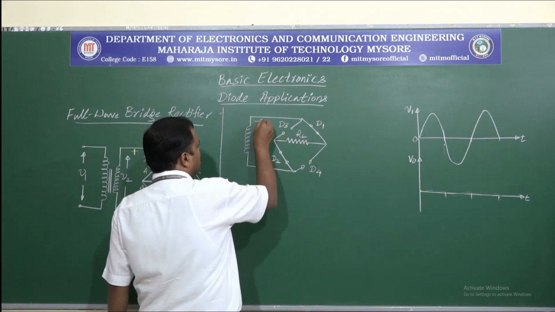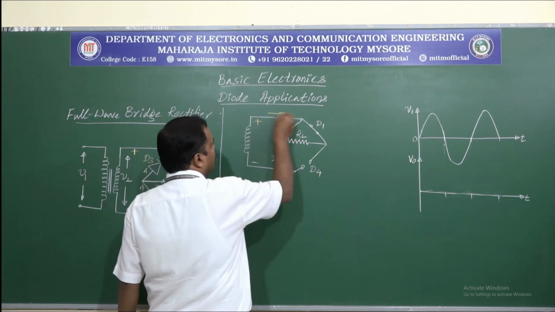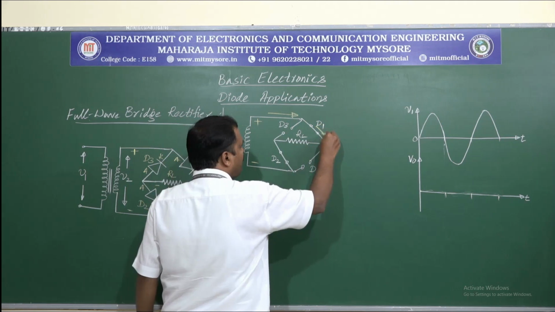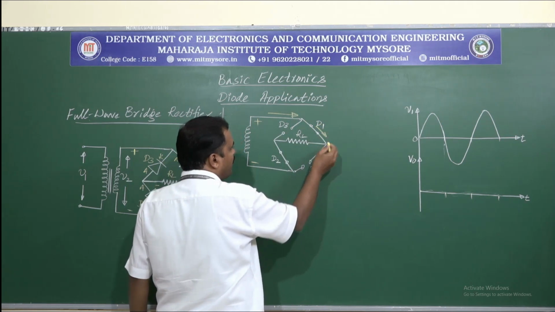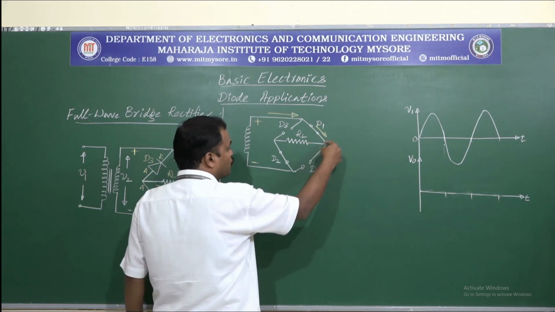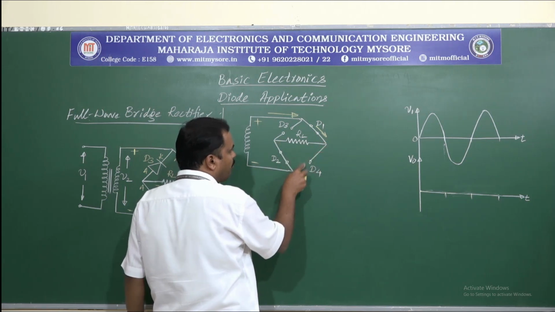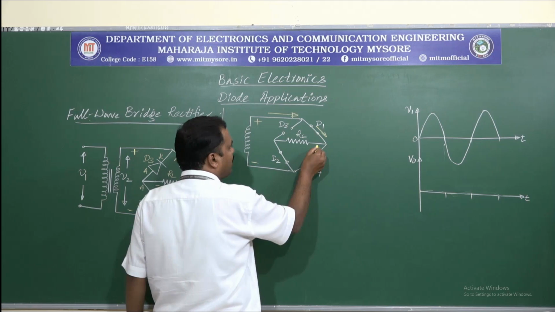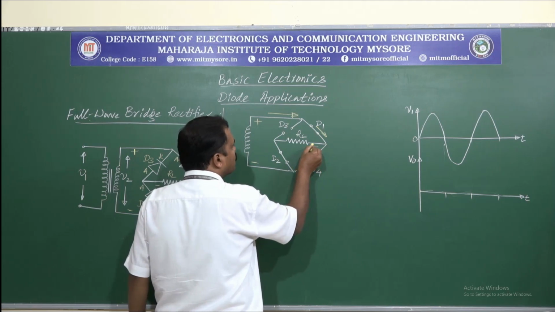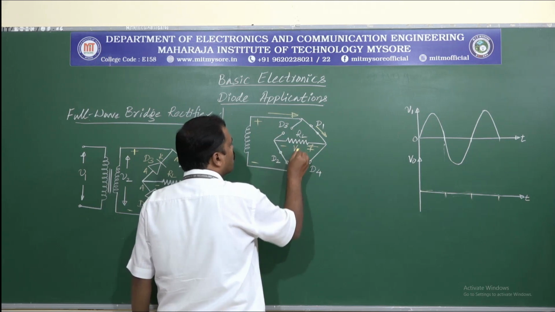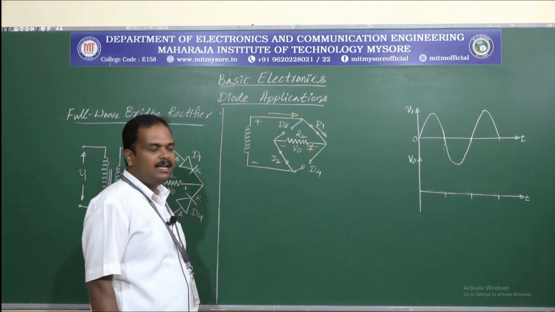Because of this arrangement, the current is flowing in this direction, so it comes through D1, comes to this point, where we have 2 paths. This path is a closed path, this path is an open path, so current cannot flow through this path. So current flows in this path, generating the output voltage across RL.